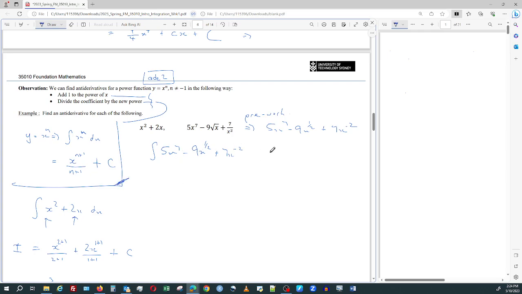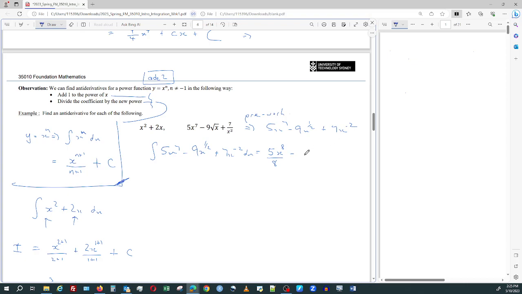Term by term, and it's with respect to x, so we'll put the dx. So 5x to the 7 means up and under. 5x, 7 plus 1 is 8 divided by 8. So we've integrated the first term.